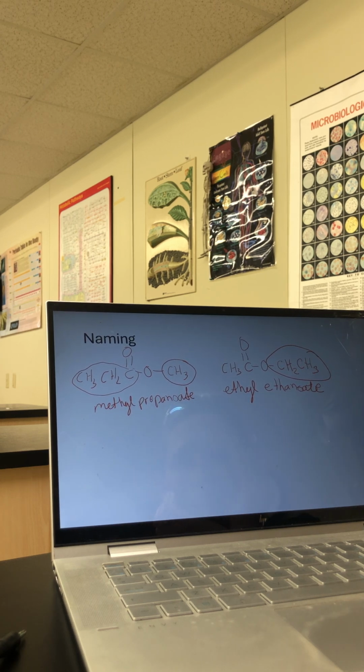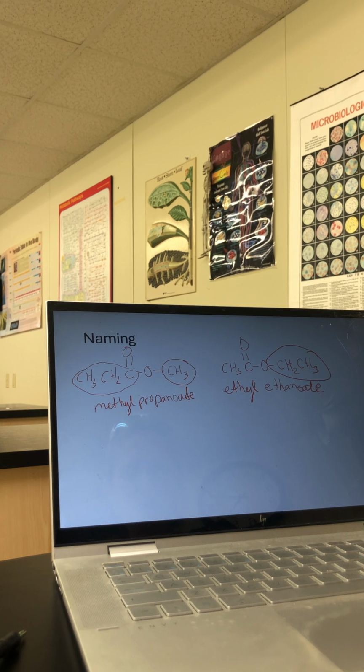Now, ethyl ethanoate is actually a pretty popular chemical in terms of the esters. It is used in industry, so it has been around actually quite a while as well.